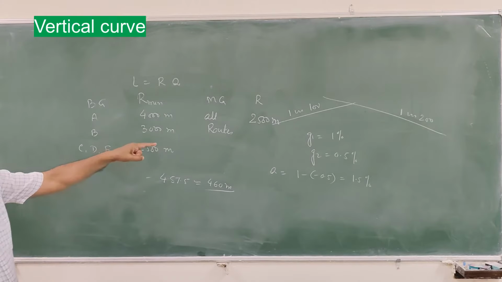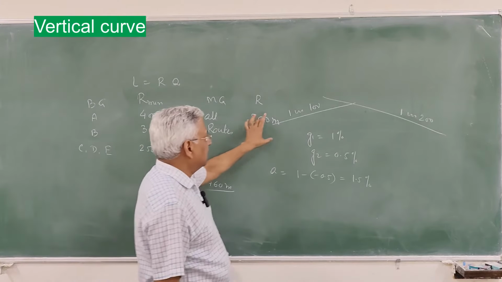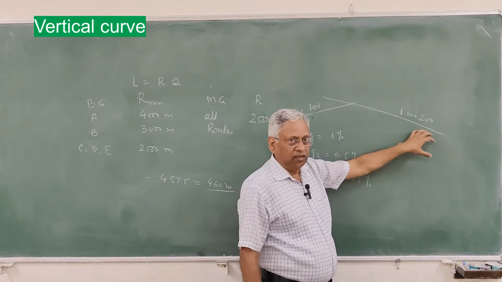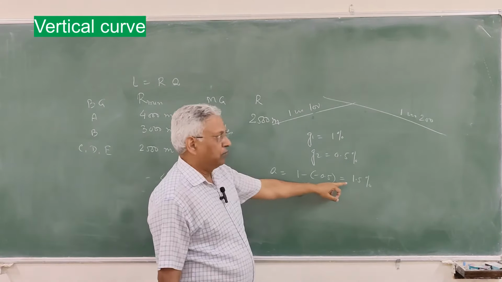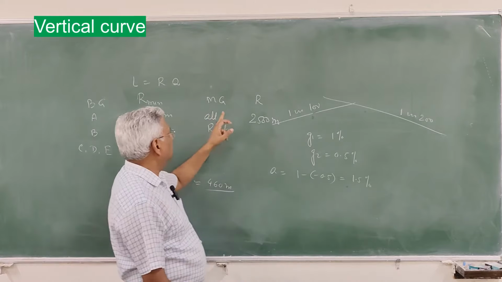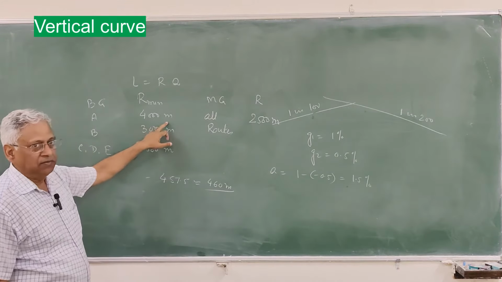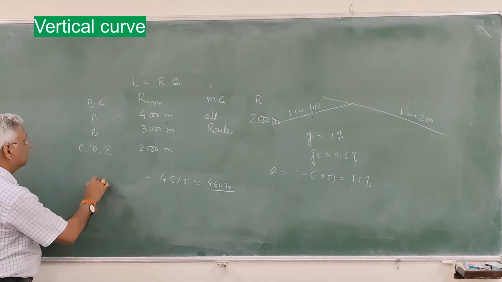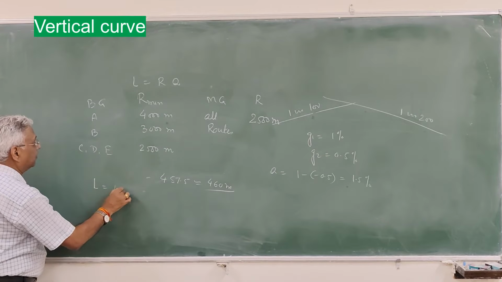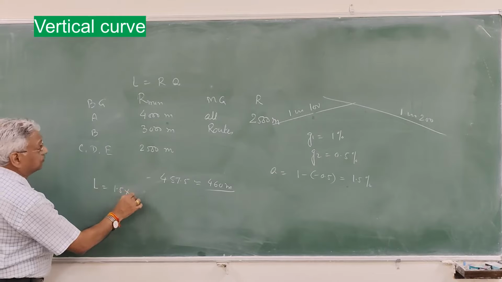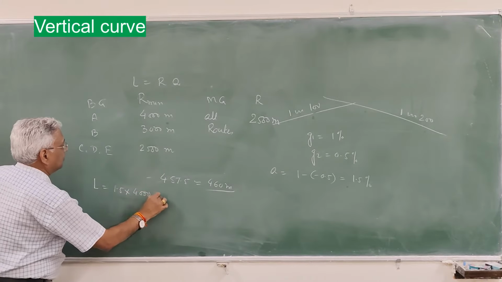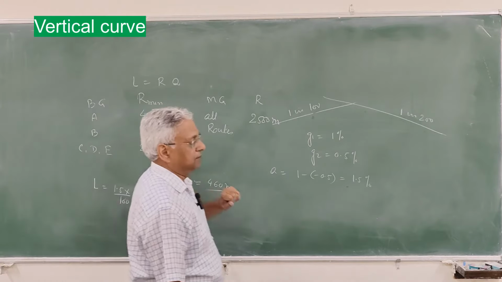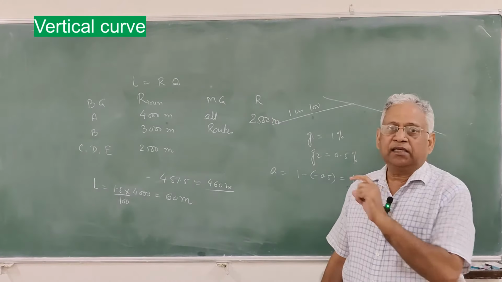So if you take the same example that a rising gradient of 1 in 100 meets a falling gradient of 1 in 200, so Q is now 1.5, radius of the curve is 4000 meter, let us say group A line. Then in that case this L will be 1.5 into 4000, divided by 100, that is 60 meter. This is in radian.